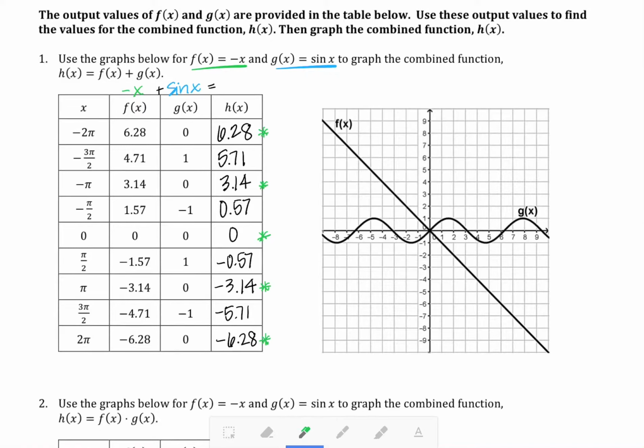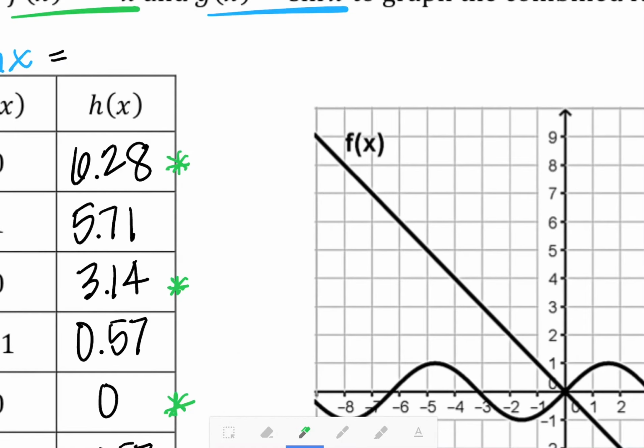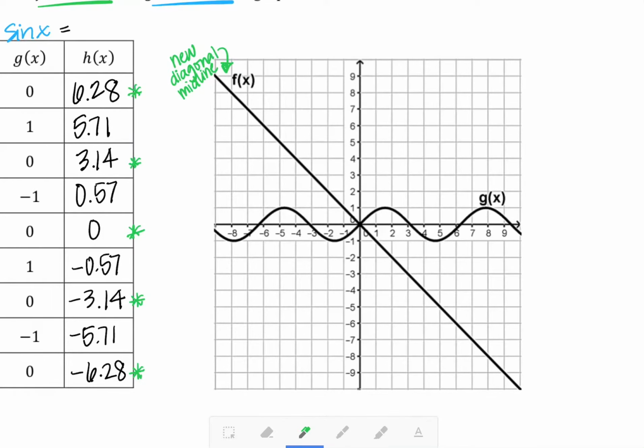Well, if I think about that, those are all the points that were normally on the midline of sine. So if I think about this new line, negative x, this is really my new midline. And instead of it just being a horizontal line, it's diagonal. So I'm going to treat it as my new diagonal midline.